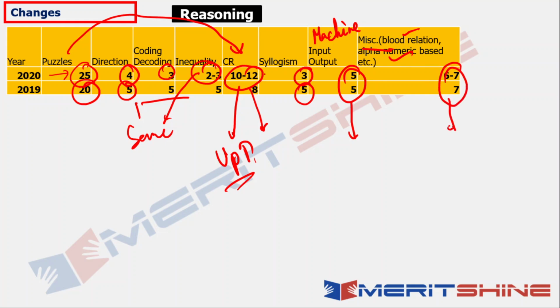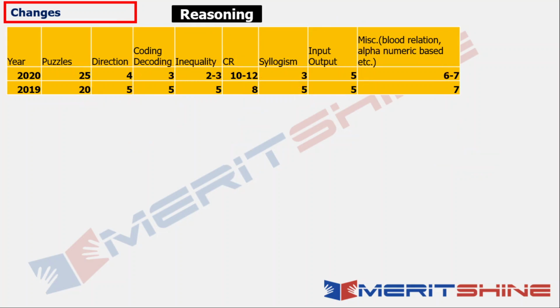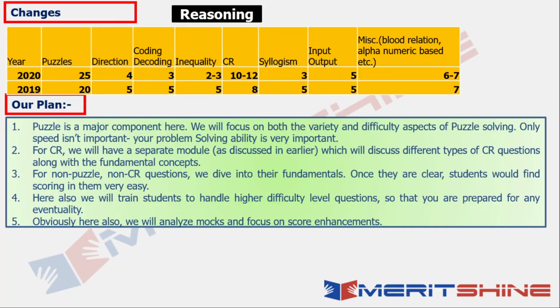And in both the years, they had been more or less the same, 6 to 7 questions. So, a very big change in the structure? No, not at all. But the nature of the questions? Yes, the questions had become more oriented towards checking your problem solving abilities again.